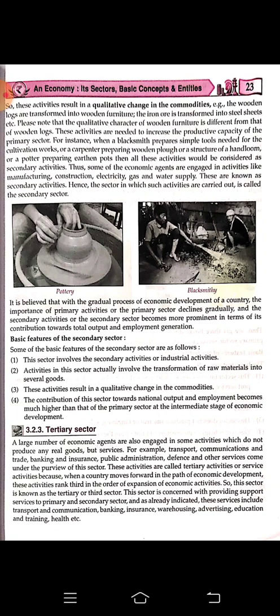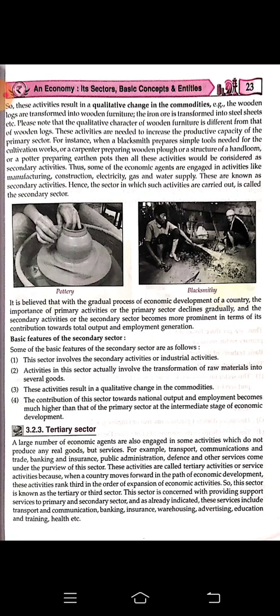Okay, they contribute more. Next, we are having the tertiary sector in your book, and tertiary means the third sector. These activities are ranked as third. And let us see how this tertiary sector works.